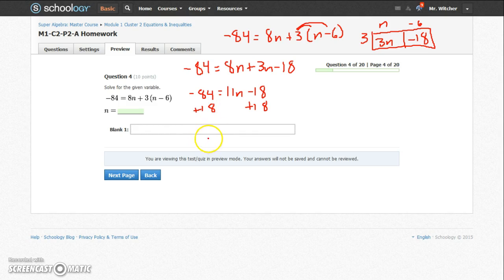When I add 18, I end up with 66 equals 11n. My last step is to divide by 11, and n equals 6. If I just brought this straight down, it would have said 6 equals n, but because of commutative properties, I can commute them across. The equal sign is still a true statement. Whether n equals 6 or 6 equals n, either way it's the same thing.